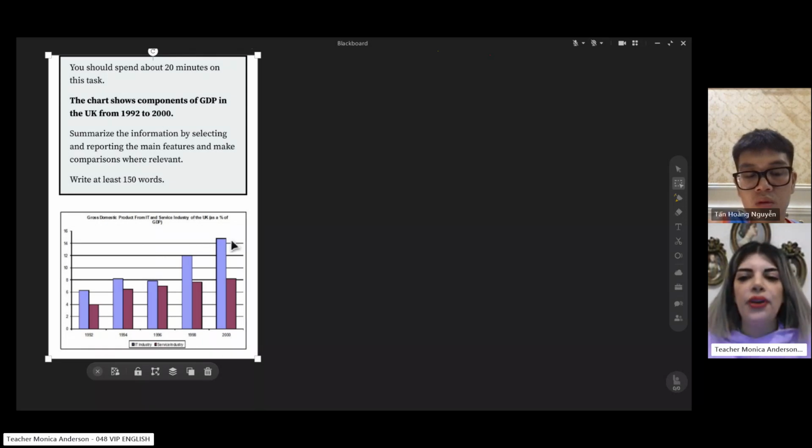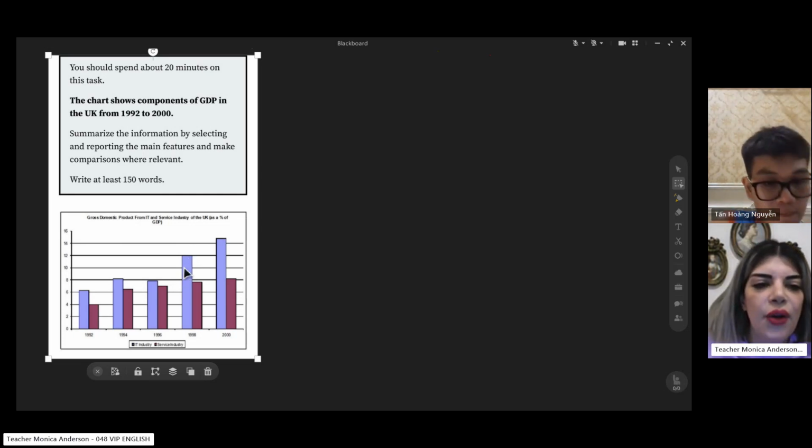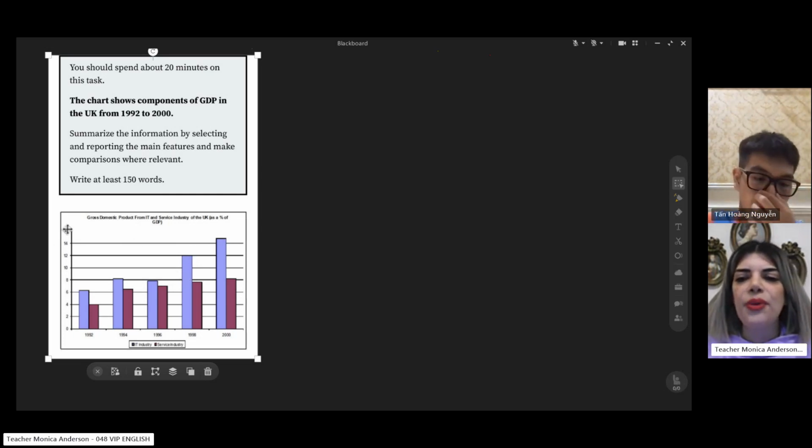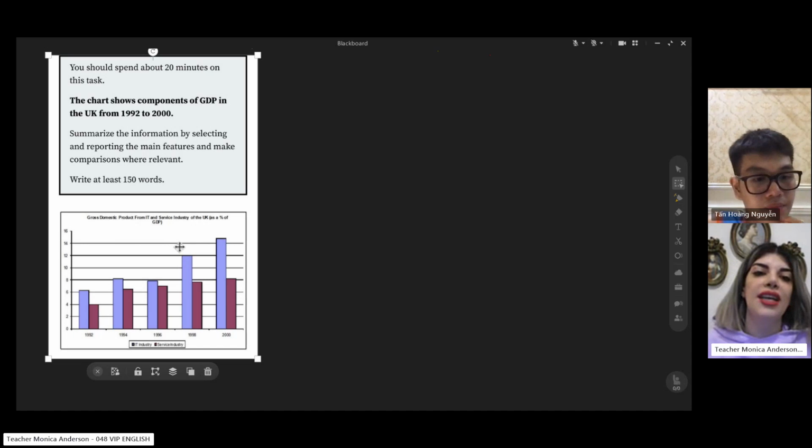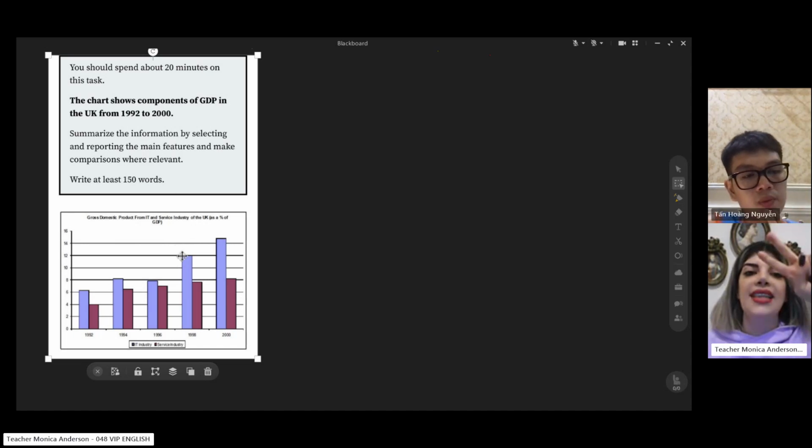At the end of the period, the percentage of GDP from IT was almost twice that of the service industry. Can you see? Twice. At the end, we have double. So this is the whole text.